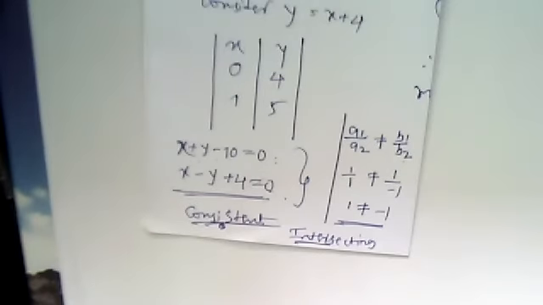Now you can draw the graph. Yes, everyone, draw the graph. How should the graph be? It should be intersecting. They should intersect each other. The two lines should intersect each other.